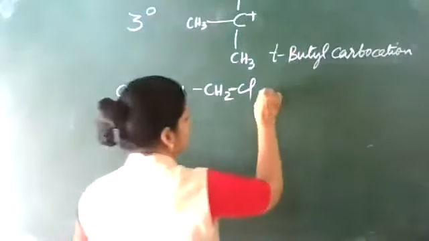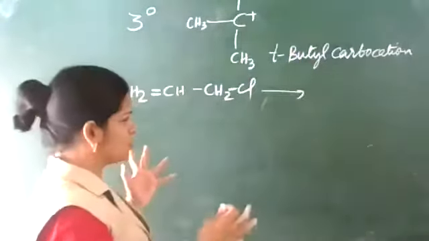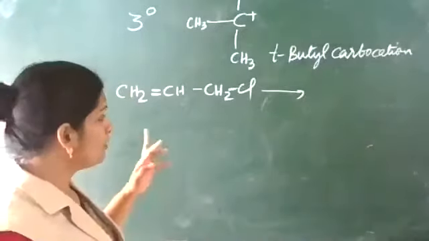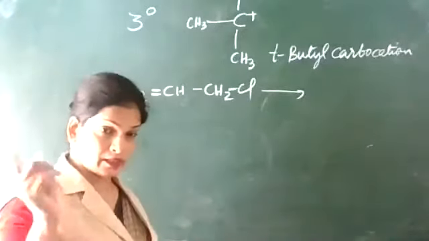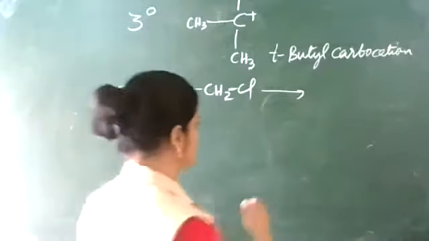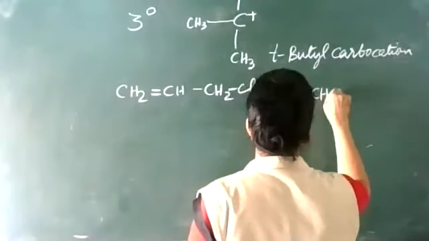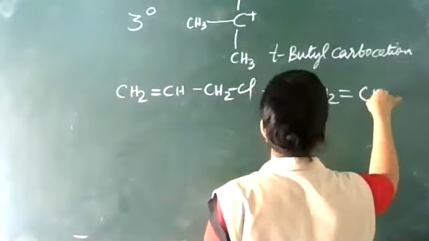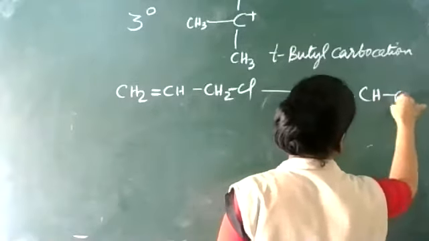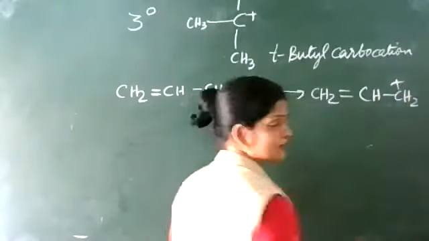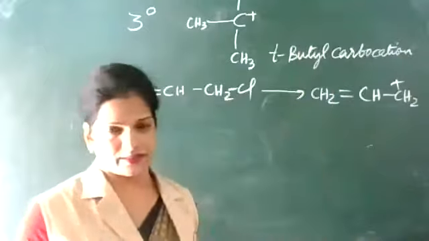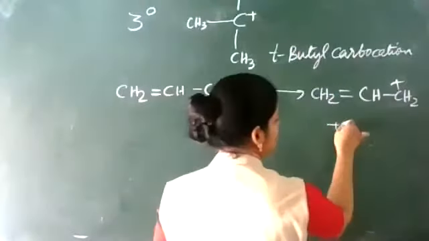So here, if it breaks, what happens? You will get a stable carbocation. How? By resonance. CH double bond CH, single bond, CH2 plus, and Cl minus.